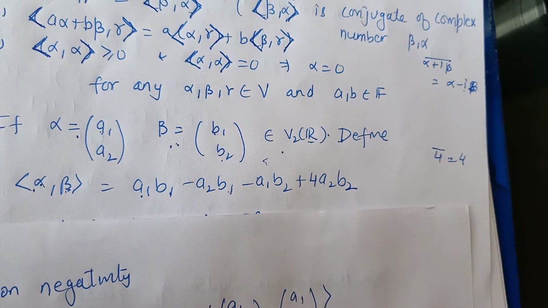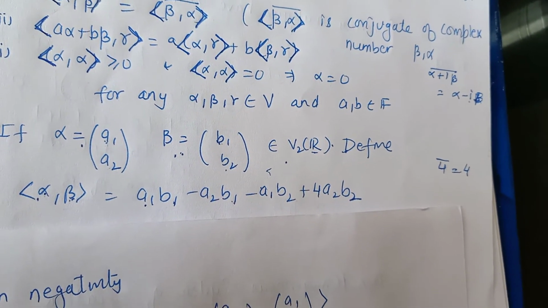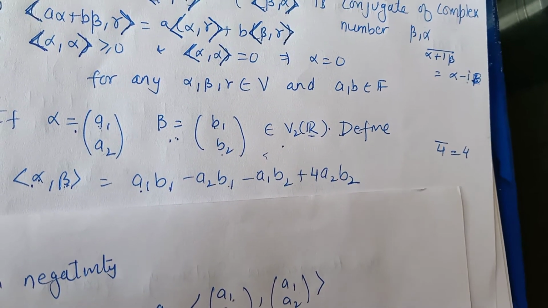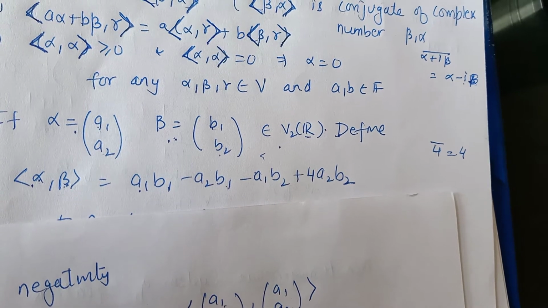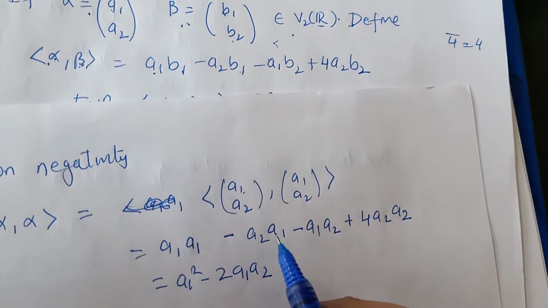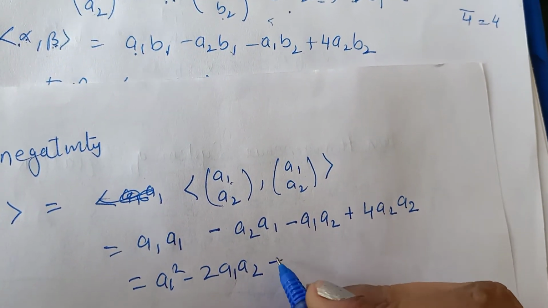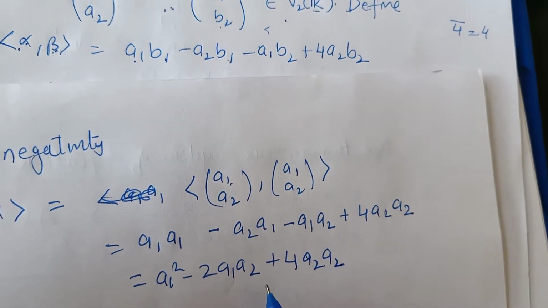So a2 b2, b2 is this one, so a2 a2. So this comes out to be a1 square minus twice a1 a2. Since these are real numbers, I can write a2 a1 as a1 a2 only, plus 4 times a2 a2.